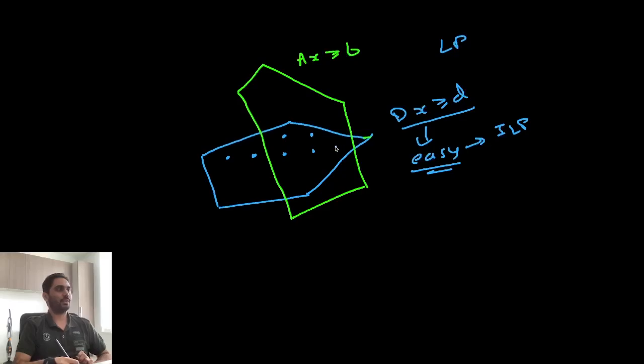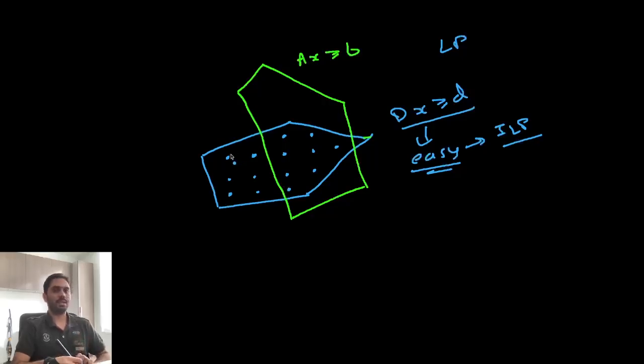Let's say this one as well, like this. Okay, let's put this one as well, and here also one more. This is my feasible region for dx greater or equal to d, not feasible region, but feasible points. If I'm solving it using an integer linear program, I'm generating the extreme points of the convex hull of this.